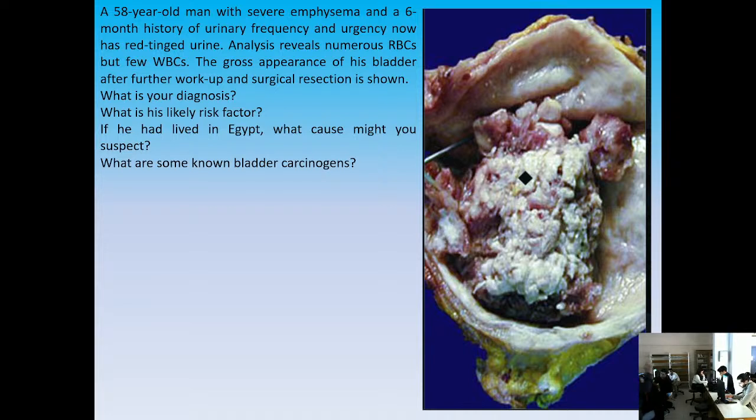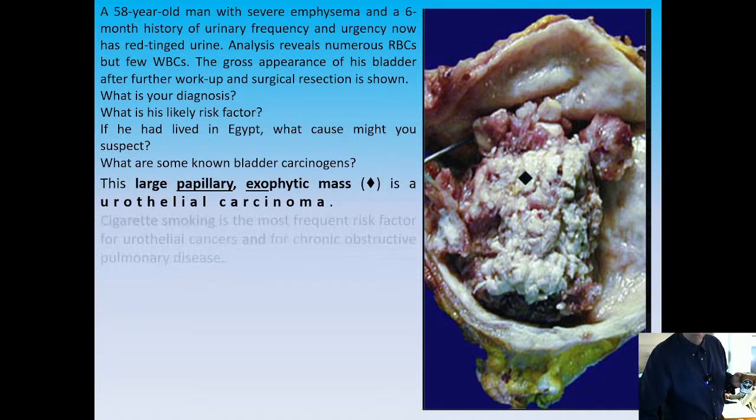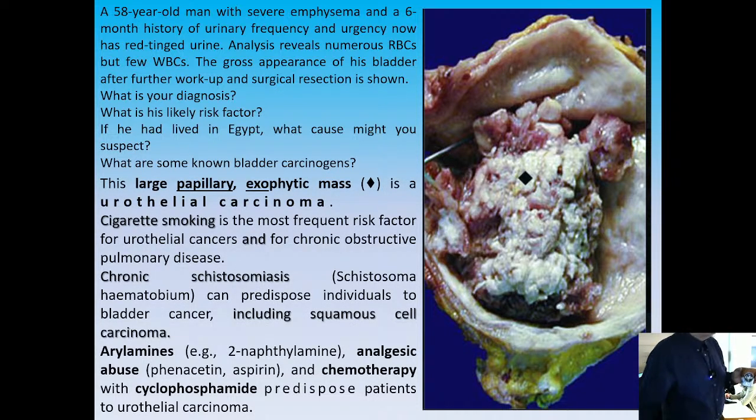But the main indication of surgery is invasion of the muscularis propria. So this is one type of tumor that takes some time to grow exophytically and then invades the layers of the urinary bladder. It could be low grade, which is frequently non-invasive.